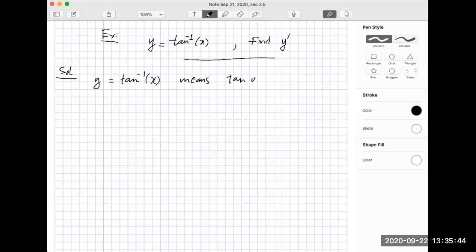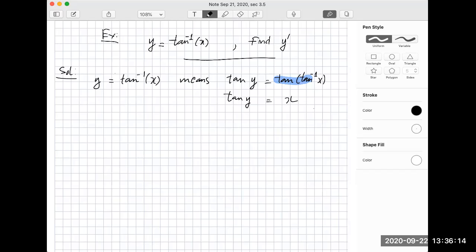That is the best way to memorize this. Tan inverse is the inverse function of tan, therefore they cancel each other. That is the property of inverse functions. Or it means that tan y is x.